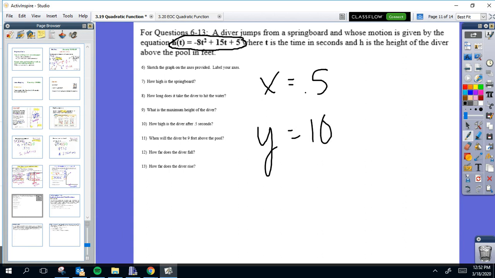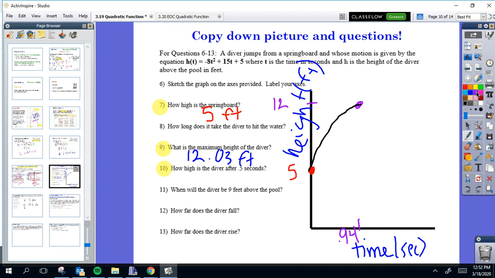So y equals 10.5. Remember, x is seconds, y is feet. So how high is the diver after 0.5 seconds? The diver is 10.5 feet in the air, vertical distance or height. All right, so I did 7, 9, and 10.